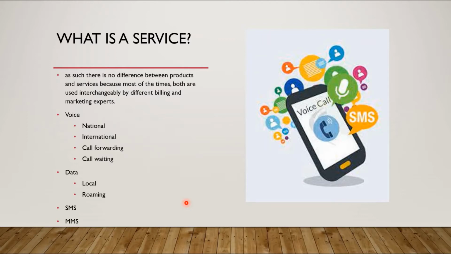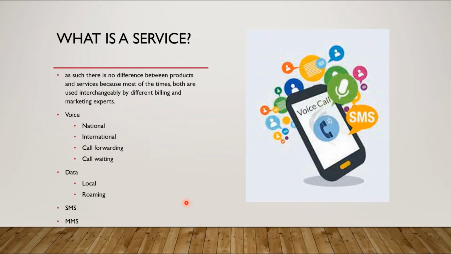A product is a feature made of logical and physical entities, whereas services support those entities. For example, a phone is used to make a call. So a voice call is a service, the handset is a physical product, and the voice call is a logical one. That's why products and services are used interchangeably.